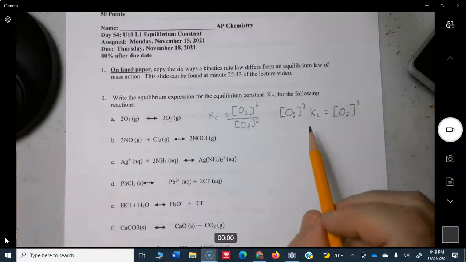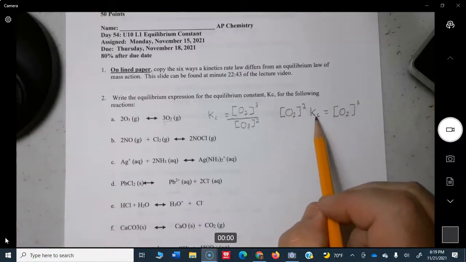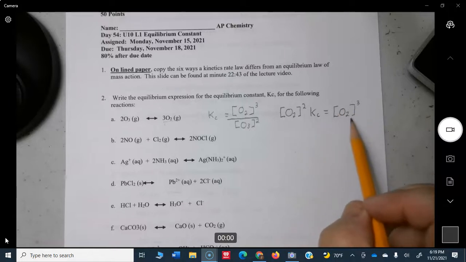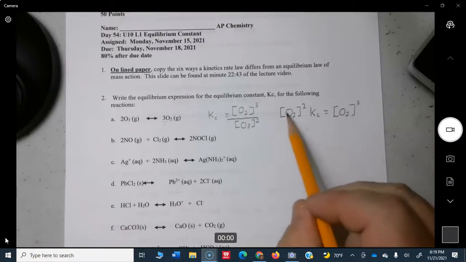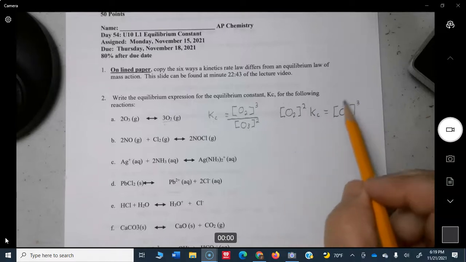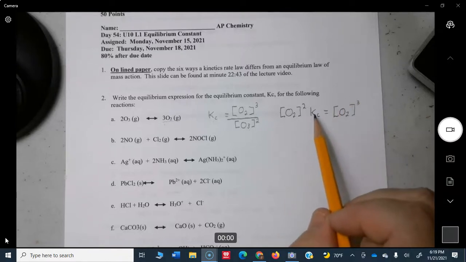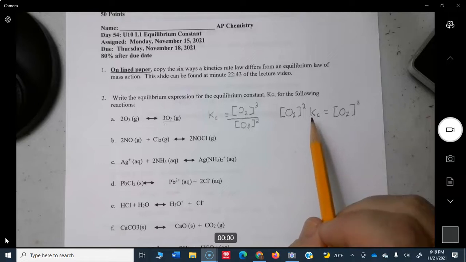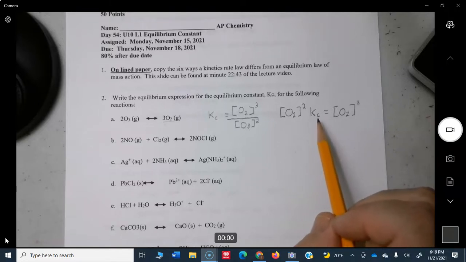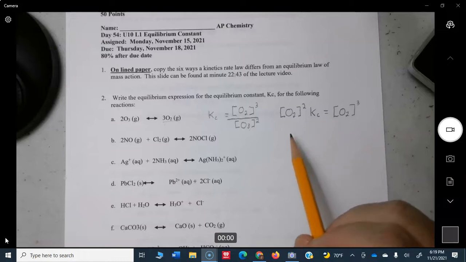So what you're saying is, if you take the reactants and multiply them by a very small Kc, then you'll get a very small number over here, a very small amount of products. If you take the reactants and multiply them by a very large number for Kc, you'll get a very large number of products. So the size of Kc basically tells you how much products you're going to get from your reaction, whether it goes more towards products or less towards products.